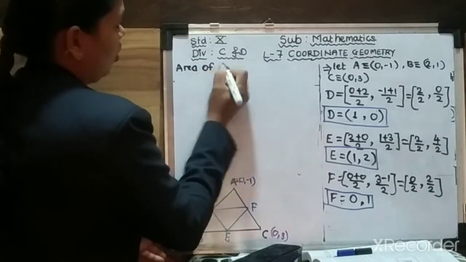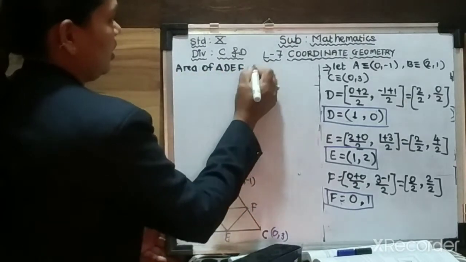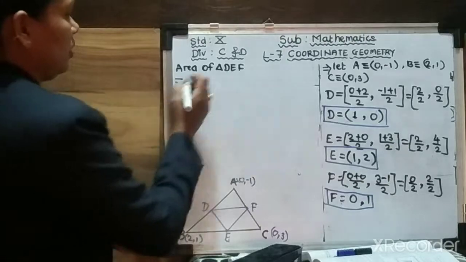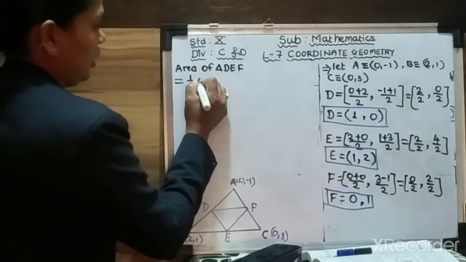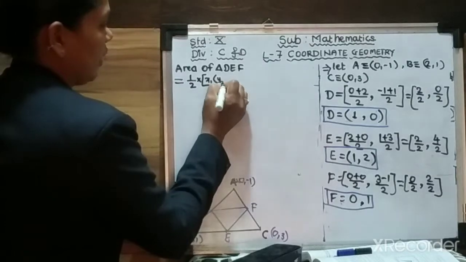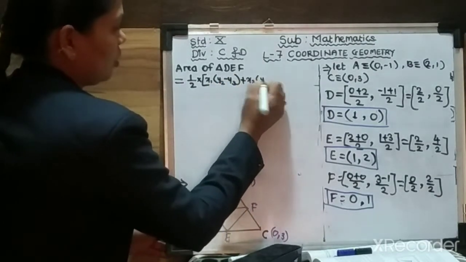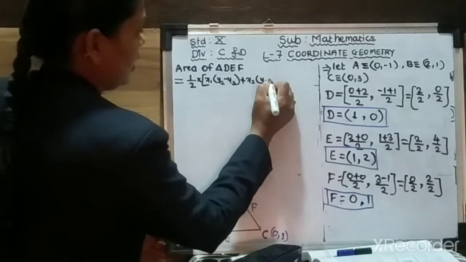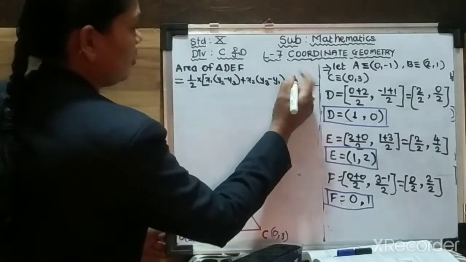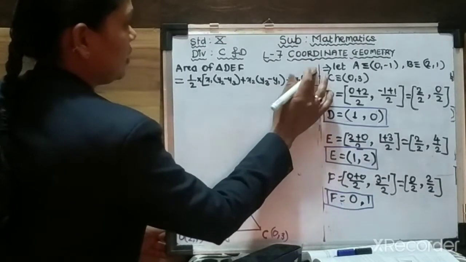Area of triangle DEF equals half into x1 (y2 minus y3) plus x2 (y3 minus y1) plus x3 (y1 minus y2).